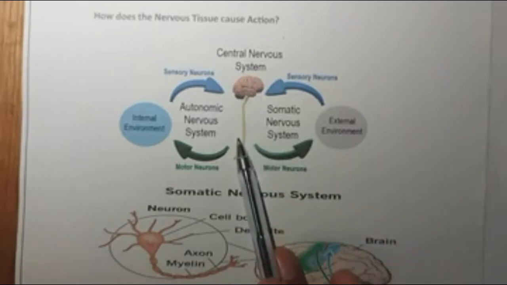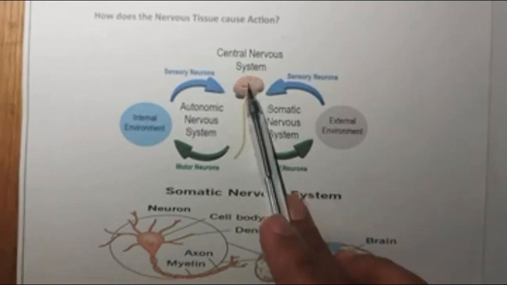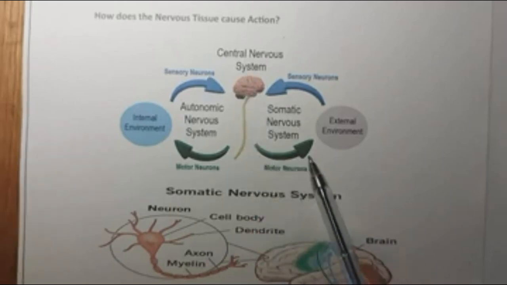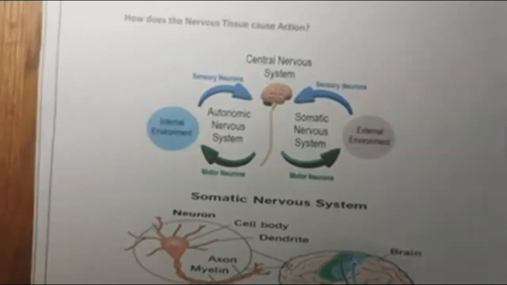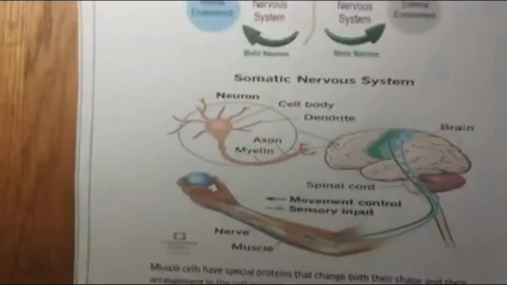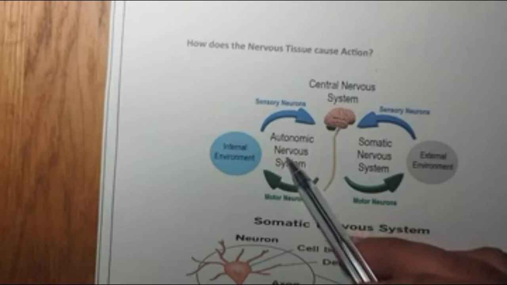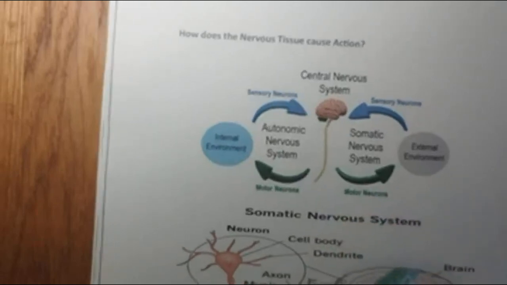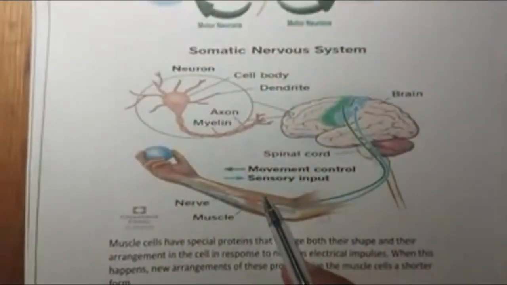Then the central nervous system, after integrating this information and making a decision, after thinking, sends orders to the motor neurons. So these are the output neurons, sending the signals for actions. Now, what happens in the somatic nervous system? Okay, so the autonomic nervous system deals with respiration, heart beating, digestion, various hormones and other actions. The somatic nervous system deals with muscle action mainly, to make it simple.